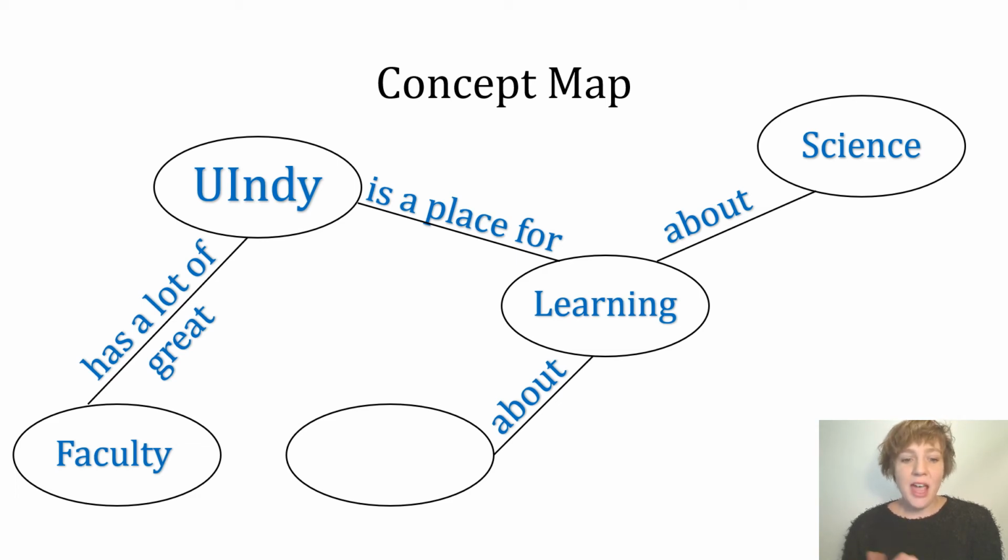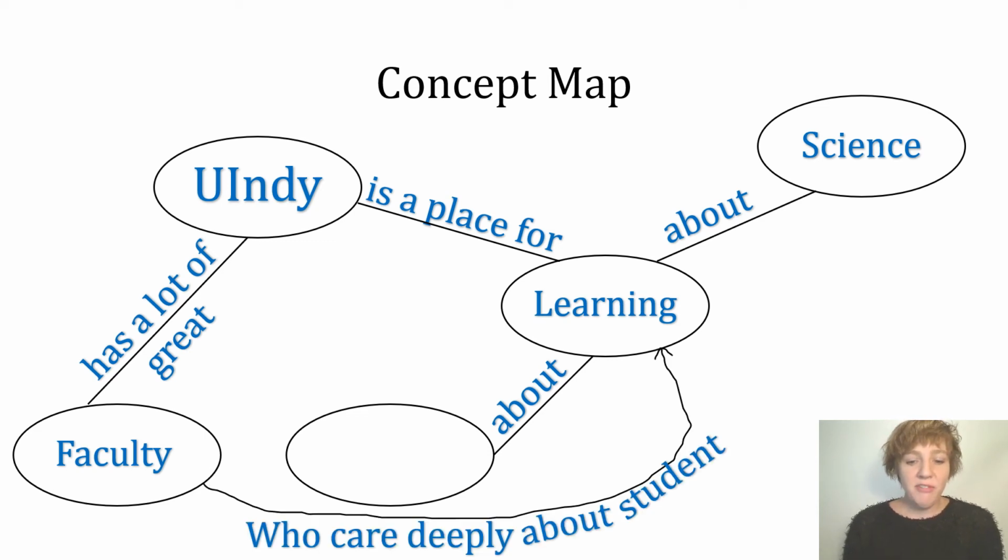And after I do that, I could either add more new ideas to the page. For example, I could say UIndy has a lot of great faculty who are eager to help students, or who are very well educated in their content areas. The other option is that I could draw a connecting line to an idea already on the page. For example, I could say UIndy has a lot of great faculty who care deeply about student learning.